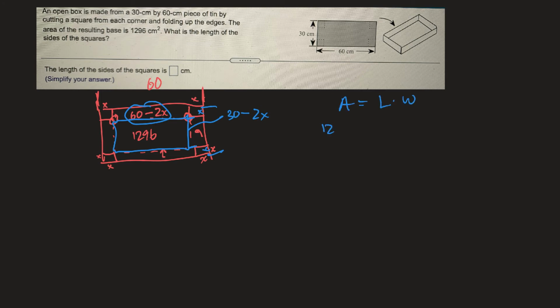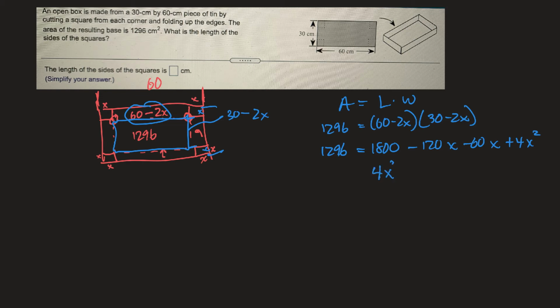So now I can use the formula for the area of a rectangle. I know the area is 1296. The length is 60 minus 2x. And the width is 30 minus 2x. Let's FOIL that. 1800 minus 120x minus 60x plus 4x squared. It's a quadratic, so let's bring everything to the right side and put it in the right order.